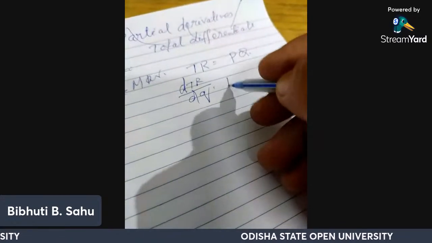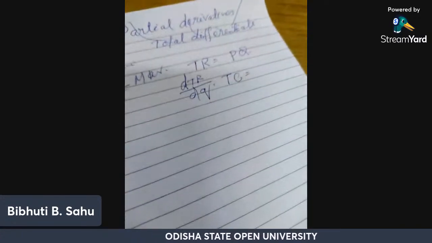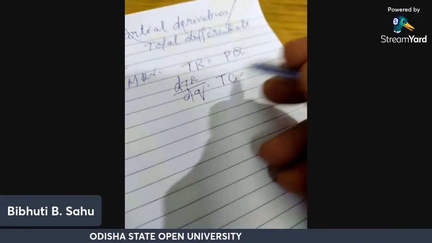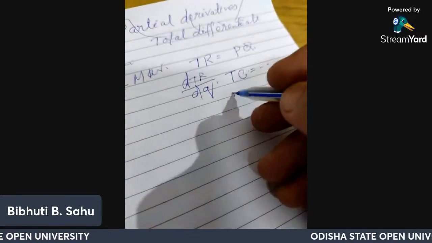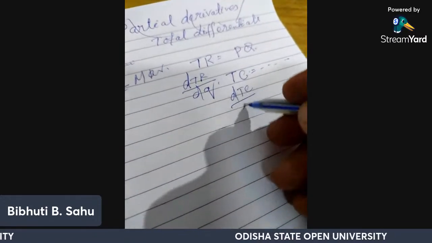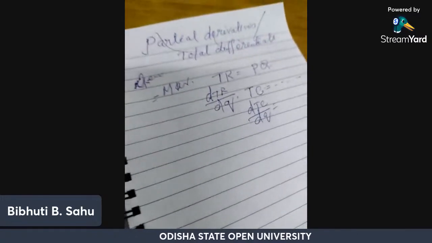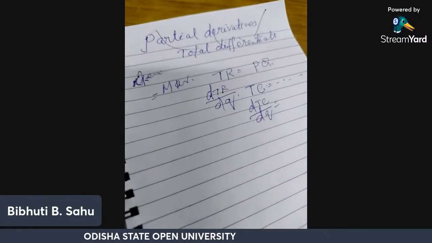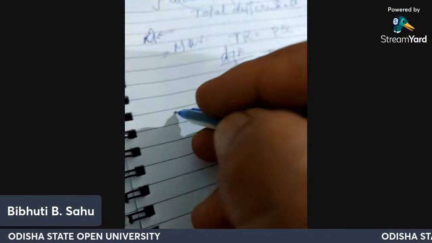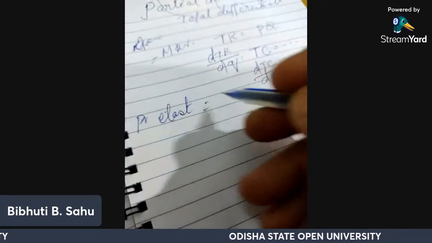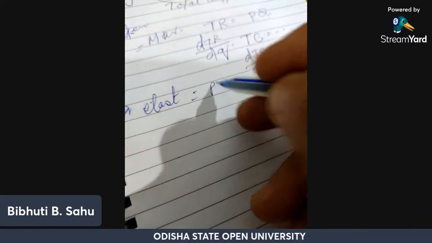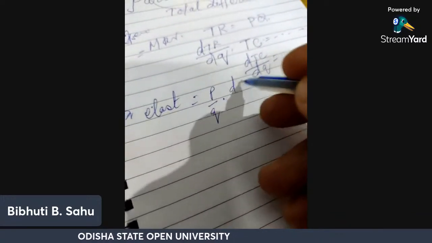Likewise, we have the total cost function, which is a function of different variables. So by dTC by dQ, we can find out the marginal cost. And to find out the price elasticity of demand, we know P by Q into dQ by dP.